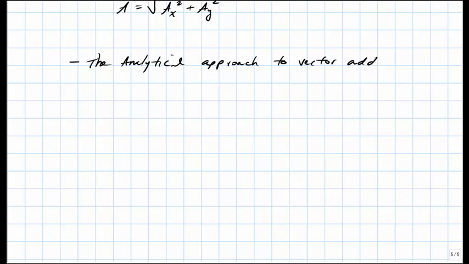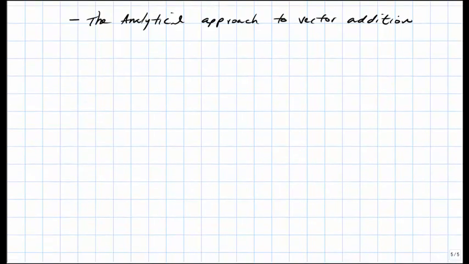So now let's introduce the analytical approach to vector addition. We're going to let the vector A equal some arbitrary magnitude, and that magnitude will be referred to as A without the hat.